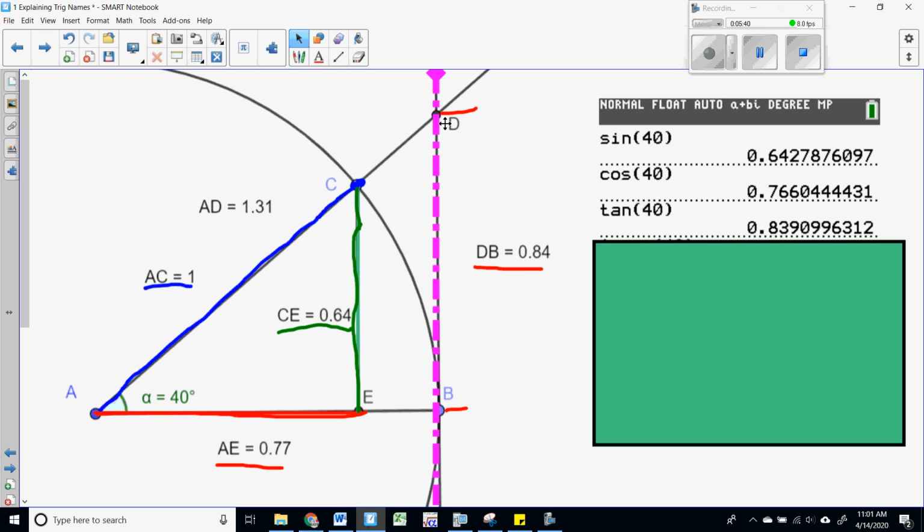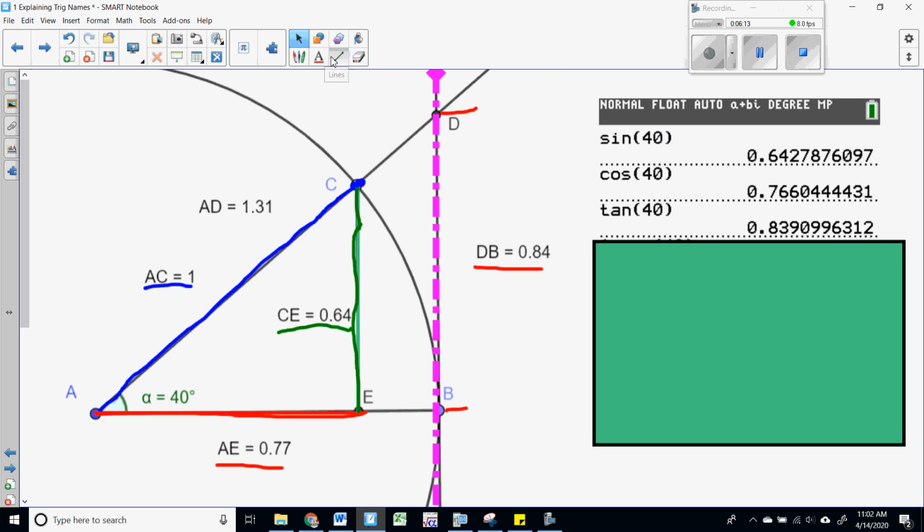It's this distance from the angle to the tangent line. Our sine was the y coordinate of where that angle hits the unit circle. Our cosine is the x coordinate of where that angle hits the circle. And our tangent is, if we draw the tangent all the way out there, that distance. So you can see there's actually a physical representation of what all these trig functions mean.